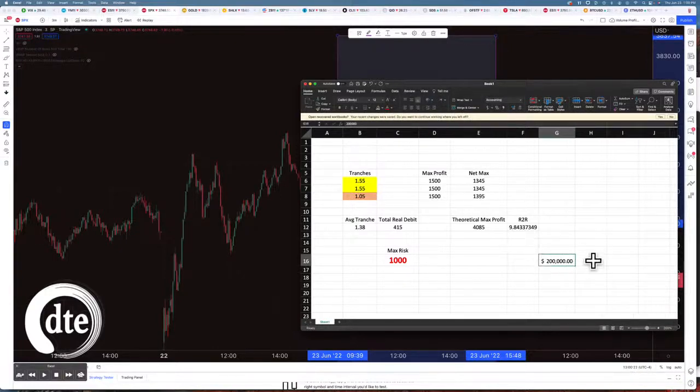For 200,000, my max position size will never be more than 0.5%. So it'll be 0.005. That's my max position size. So this should equal this times this.